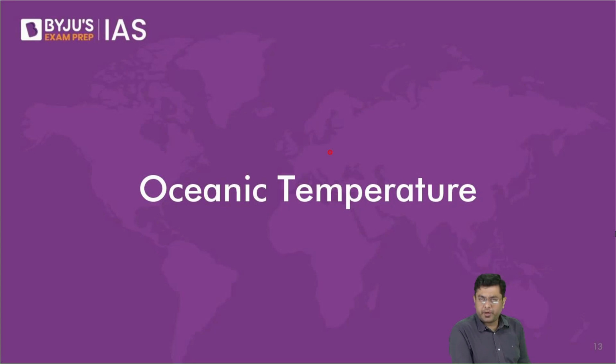Okay, now after this we move to the portion of ocean temperature, and we will take a look at the variations in ocean temperature. How is it that the ocean temperature varies? Why is it that the ocean temperature varies? Let us take a look into that. So when we talk about the oceanic water, what is the prime source of heat for the oceanic water?